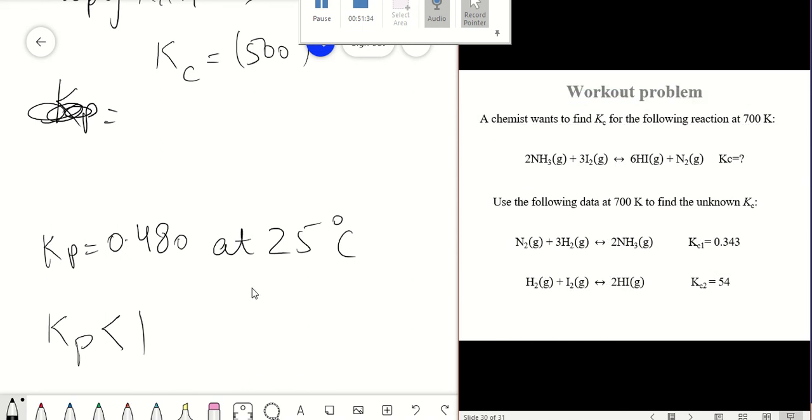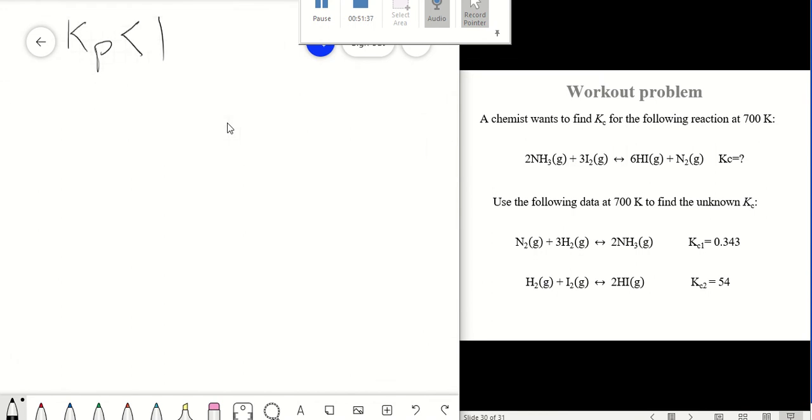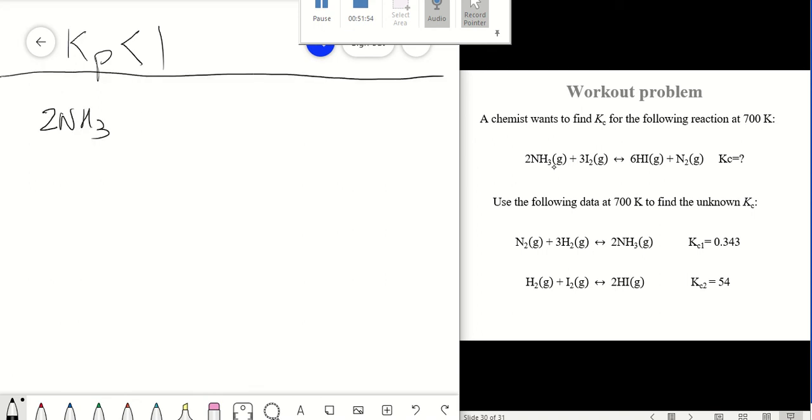All right, now let's try this example. This is where it gets a little bit tricky. A chemist wants to find Kc for the following reaction at 700 Kelvin. The reaction we want to figure out Kc for is 2 ammonia gas plus 3 iodine gas changing in a reversible reaction to 6HI gas plus nitrogen gas.